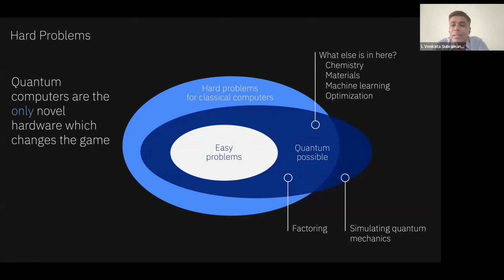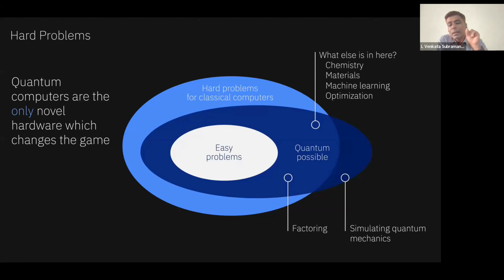What else? There are other things like chemistry, materials, machine learning, optimization. For example, if you're trying to look at how large molecules interact, or you're trying to find new materials, or speed up machine learning, or optimization for large sets of parameters, all of these are hard problems for classical computers.